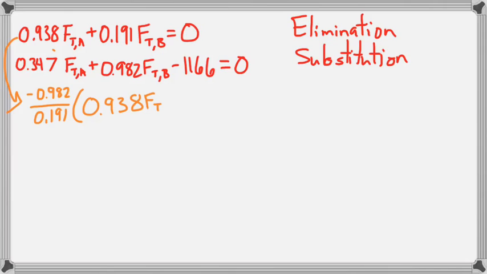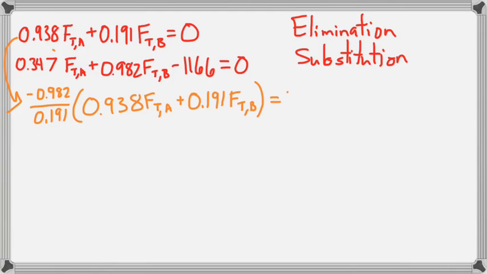Force of T in rope A plus 0.9191 times force in T, comma B, right? And if I multiply this side times this fraction, I also have to multiply the other side times that same fraction.